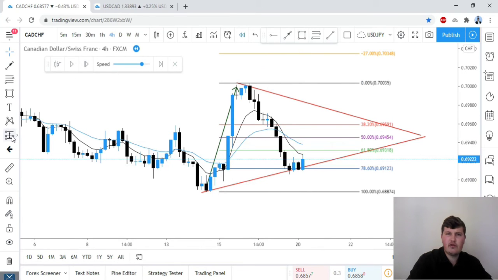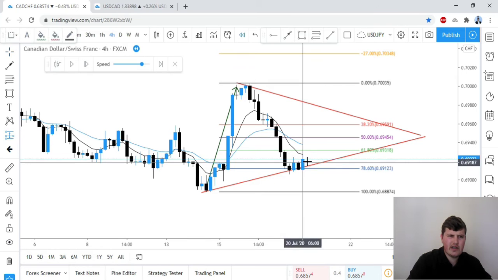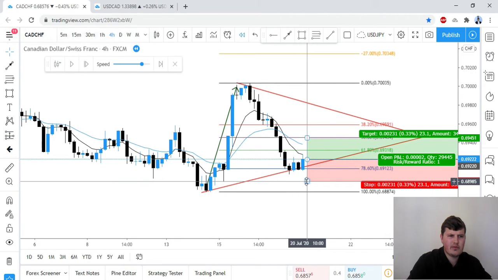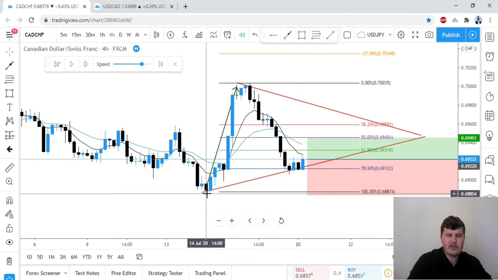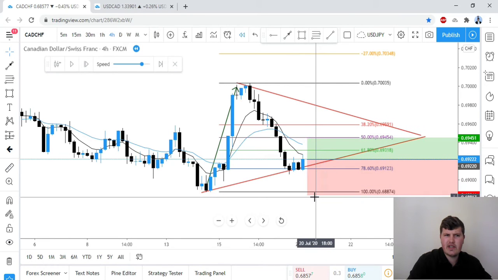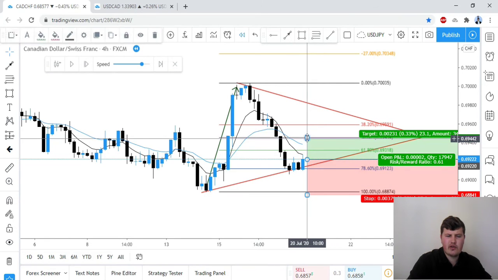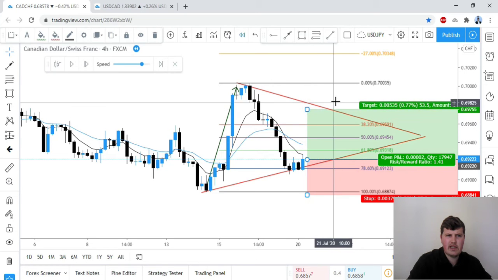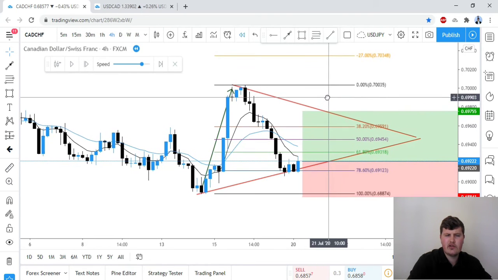This would be a good opportunity to enter a long trade at this bullish engulfing candle. At candlestick closure you can just enter a buy trade, stop loss below the recent swing low or the 100%, and you can put your target maybe at the top of this trend line.